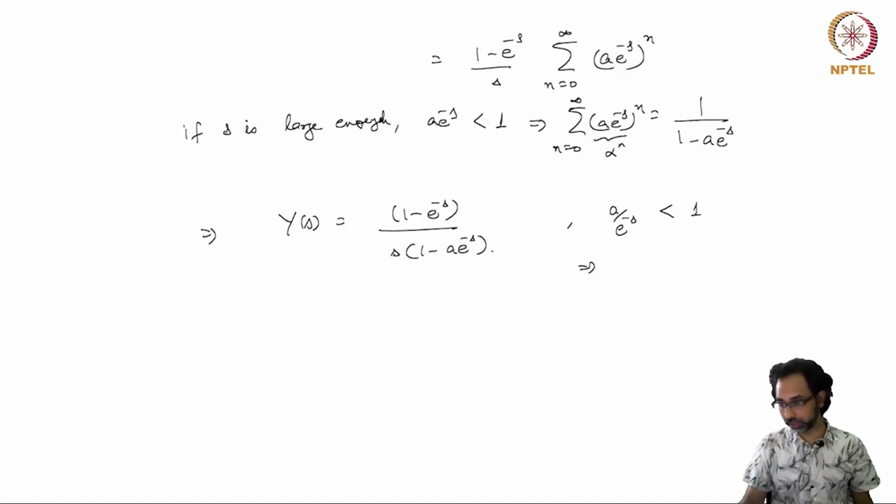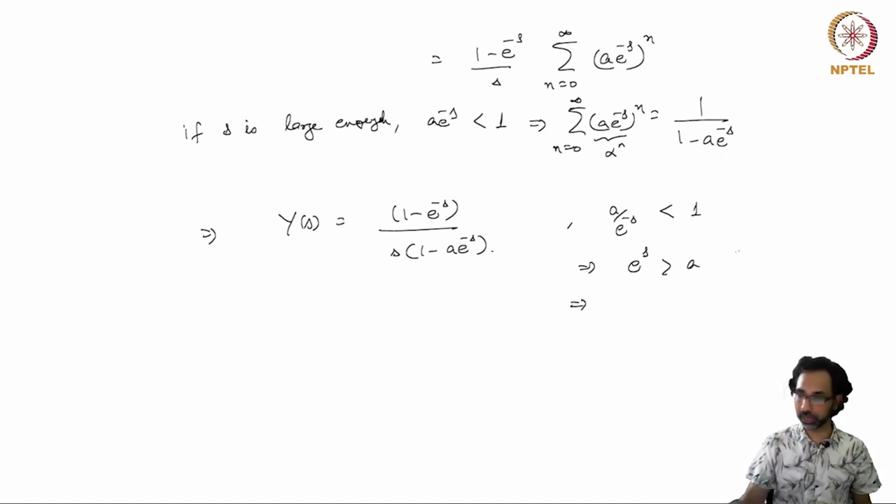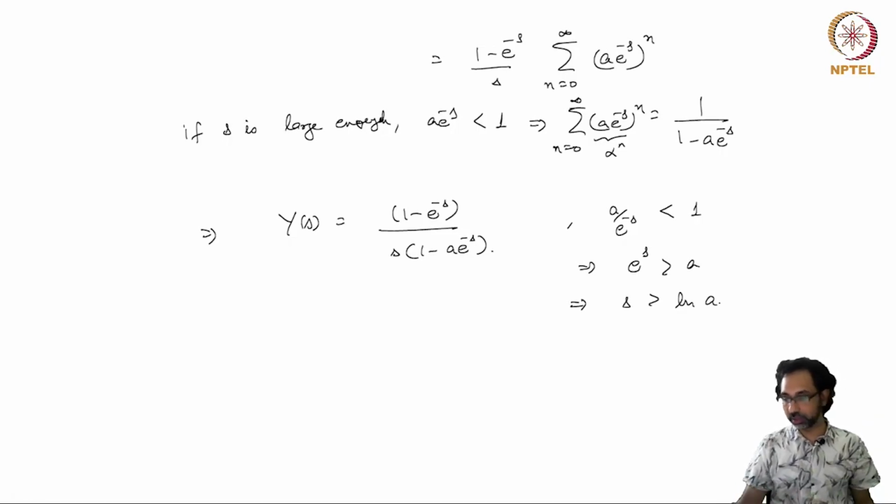So for example, this means that e to the power s is greater than a, and supposing that a is positive, you can take the log on both sides, so s will be greater than log of a. So if a is greater than 0.